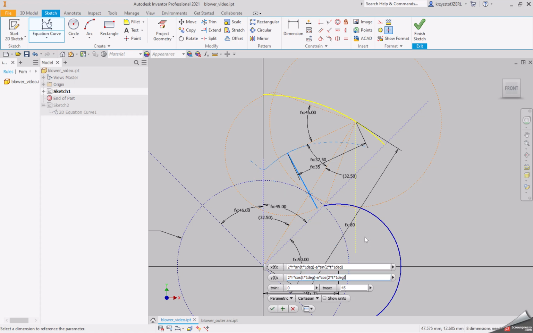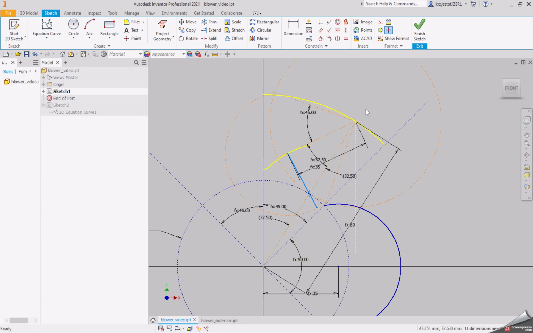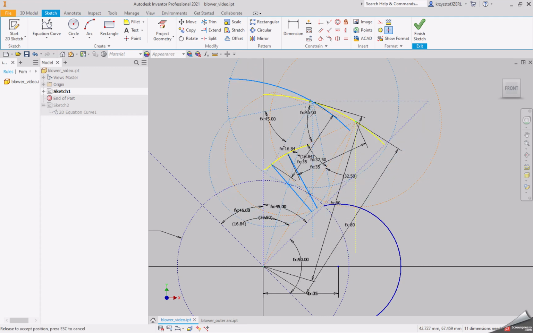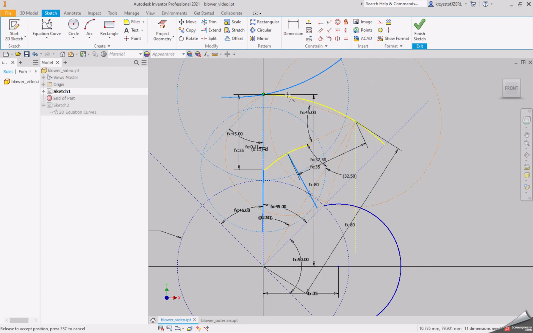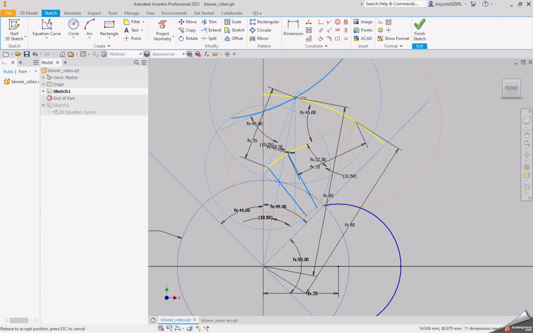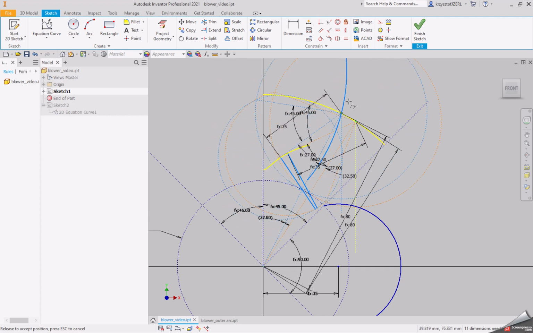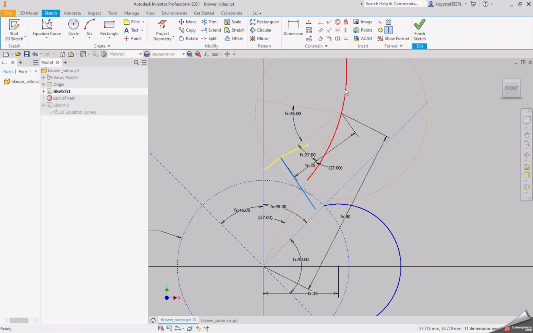Okay? Let's see if it works. So you see this line here. As you have probably noticed, this line is actually now rotating. And now a small digression. Why is it rotating?